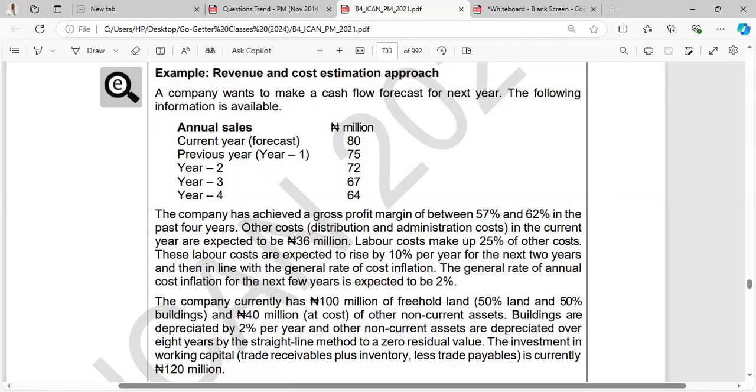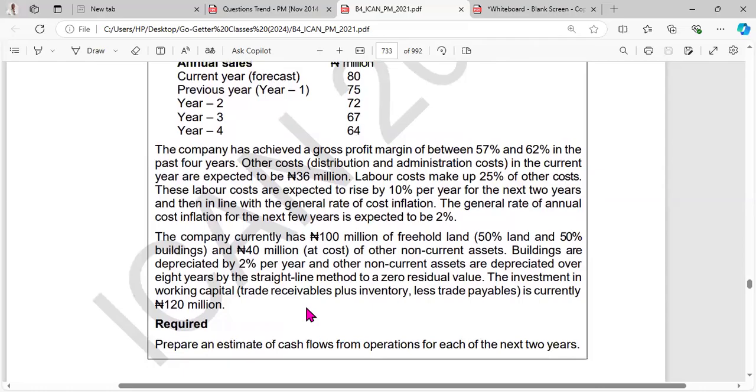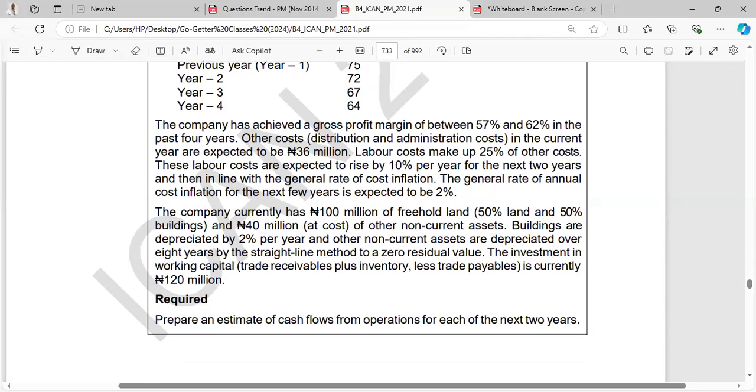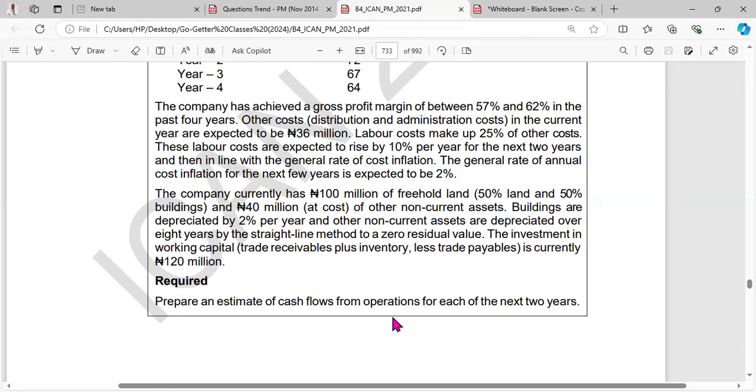The investment in working capital, which is trade receivable plus inventory less trade payable, is currently 120 million. We are asked to prepare an estimate of cash flow for operation for the next 2 years.